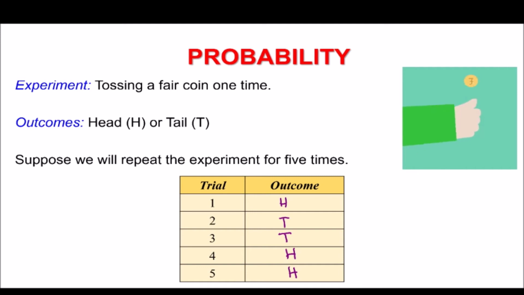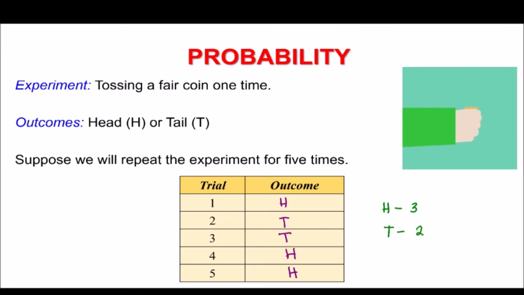So we can summarize this table by counting the frequency of each outcome. The outcomes are head and tail. We got three heads and two tails.